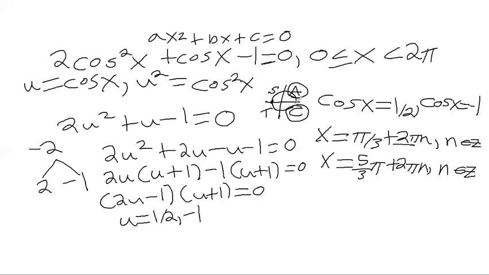That is the only value where cosine is going to equal -1, such that it's from 0 to 2 pi. So this is pi. So then x, we already know it's just pi. Or if we wanted to, we could just put 2 pi n plus pi.